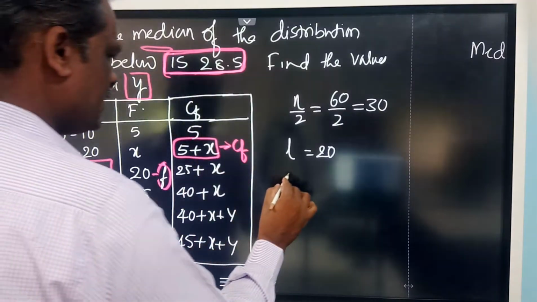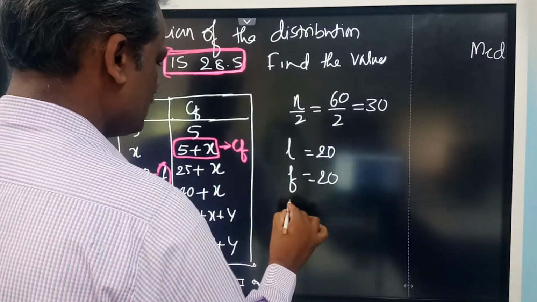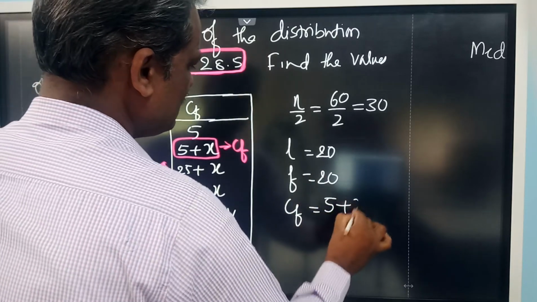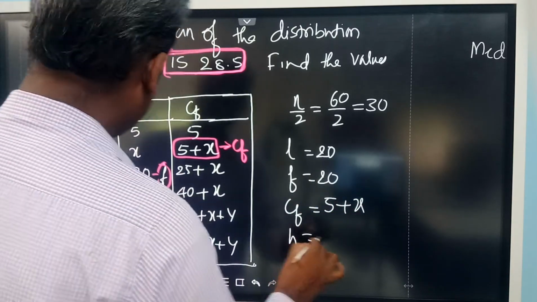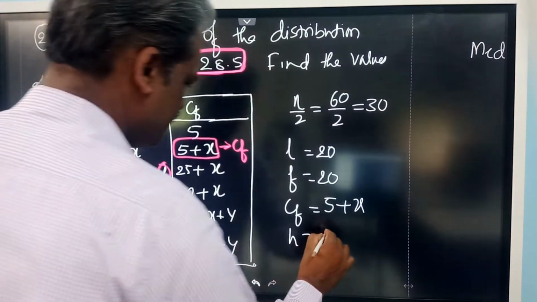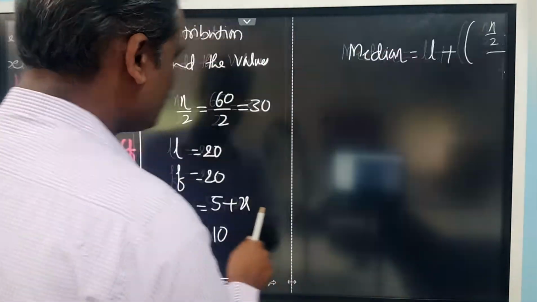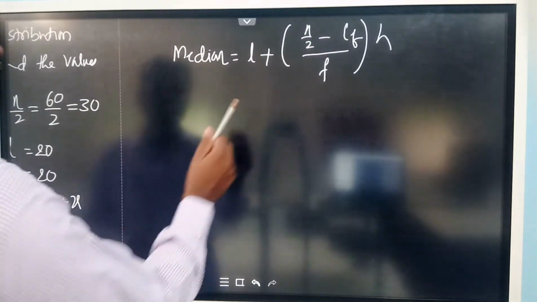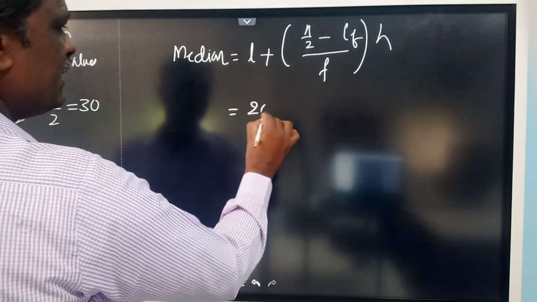Let us write F here as 20, CF here as 5 plus x, and the size of the class interval H. Find the difference between any two consecutive lower limits or upper limits: 20 minus 10, 30 minus 20, so it is 10. Substitute here. L, the lower limit, is 20.